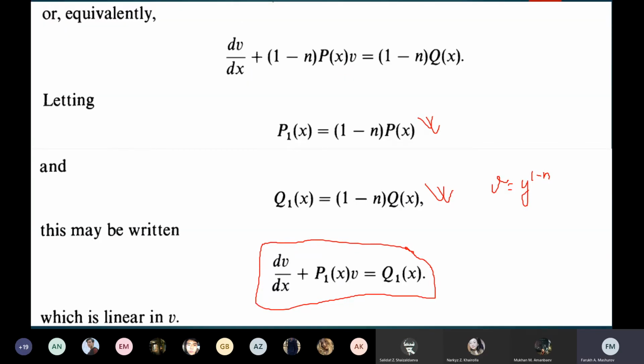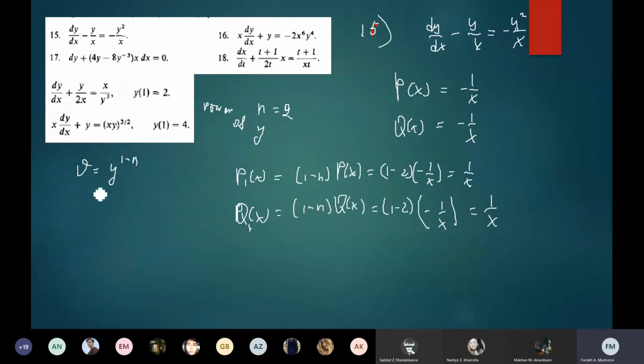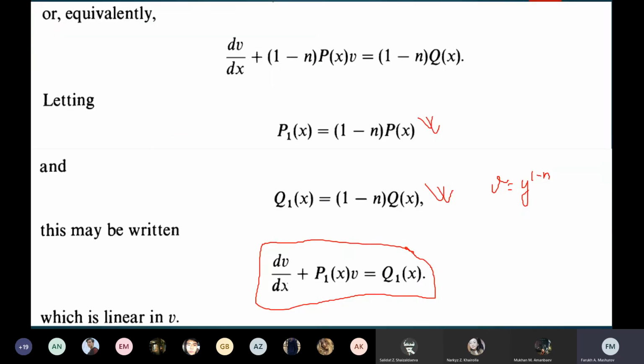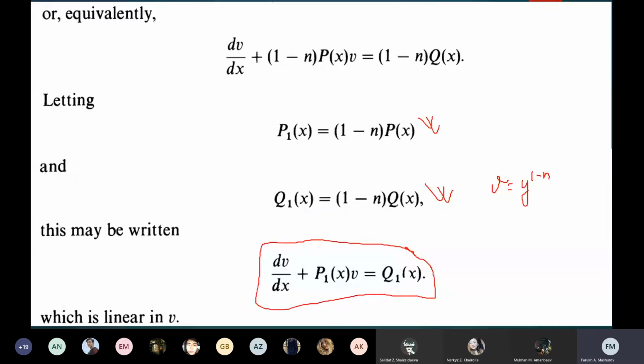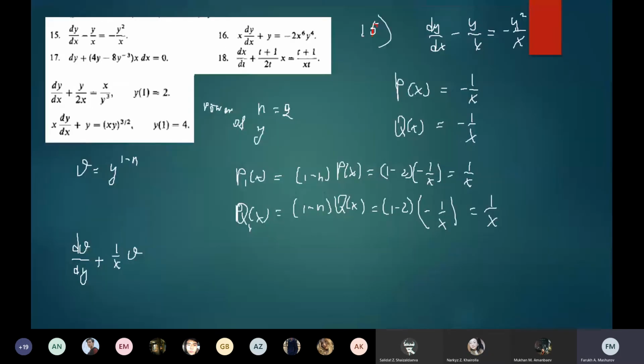We write this in the form of dv/dx equals plus P1(x) v. So P1 is 1 over x multiplied by v, and Q1(x) is equal to 1 over x. Now, as you see, from the Bernoulli differential equation we obtain a linear differential equation.